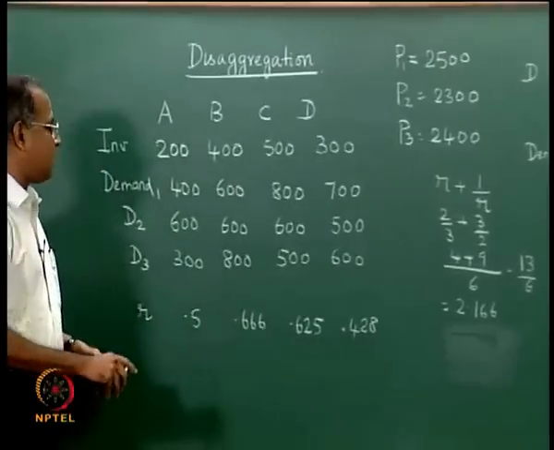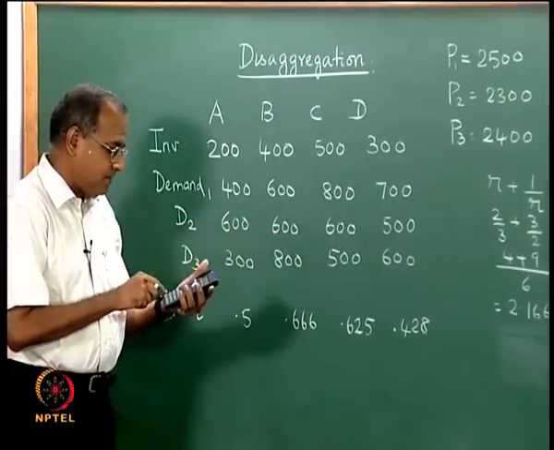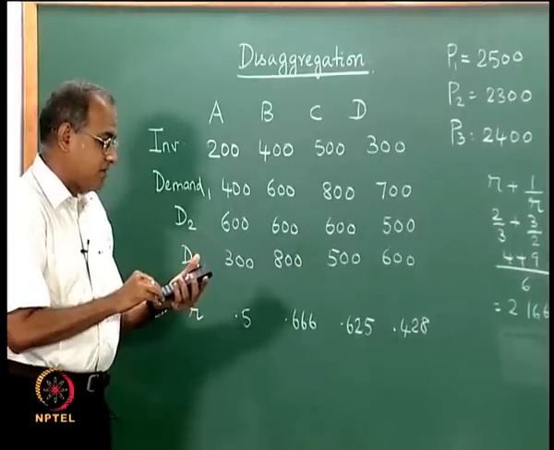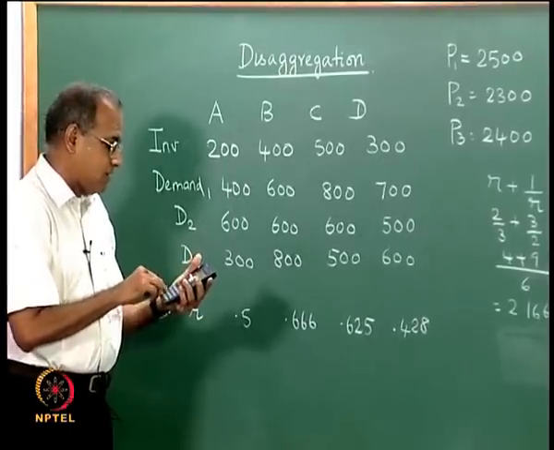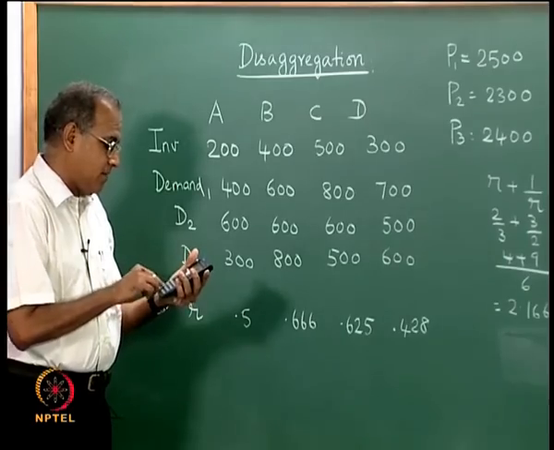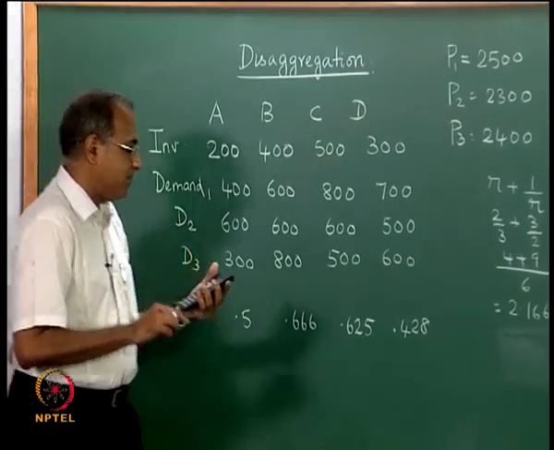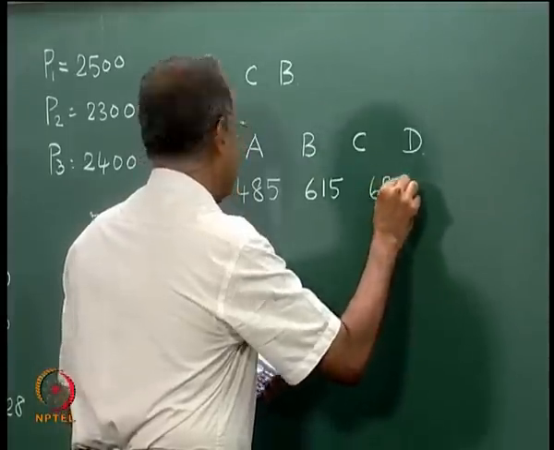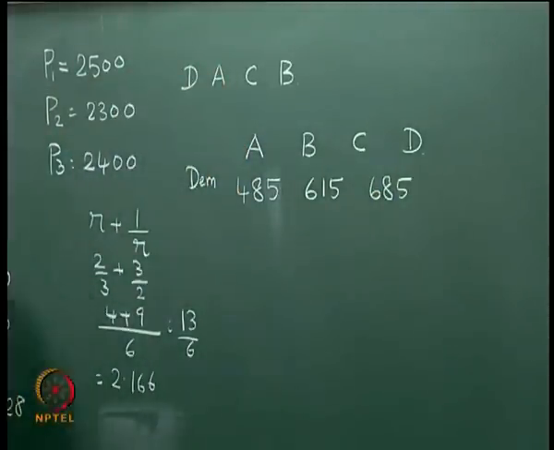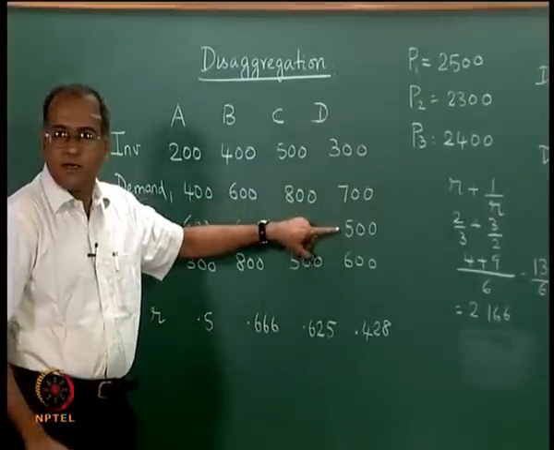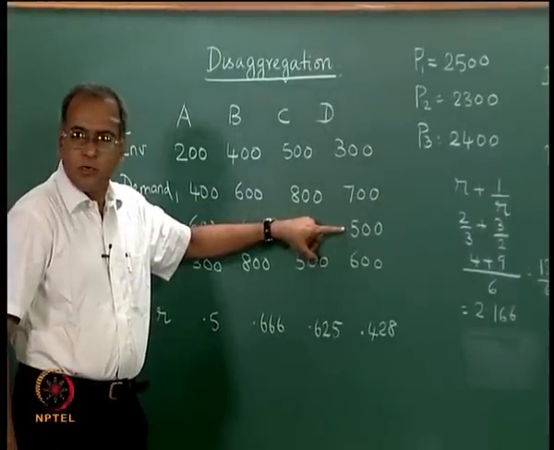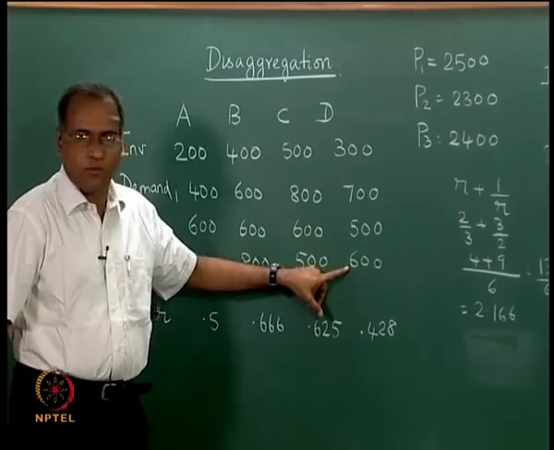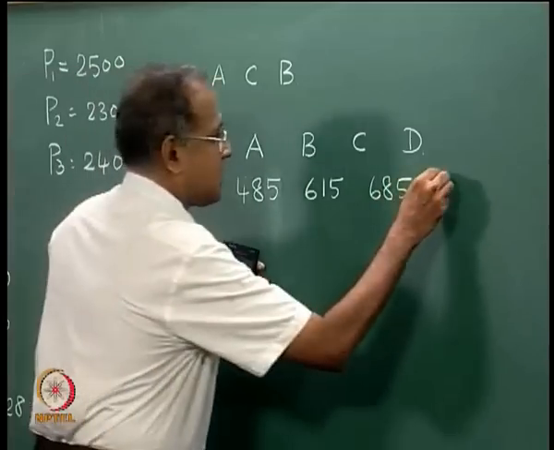For item C it will be 800 plus 600 plus 500 into 0.166, which is 83 plus 1400 divided by 2.166, which is 685. And for D it will be 700 plus 500, 1200 plus 0.166 into 600 divided by 2.166, would give us 600.